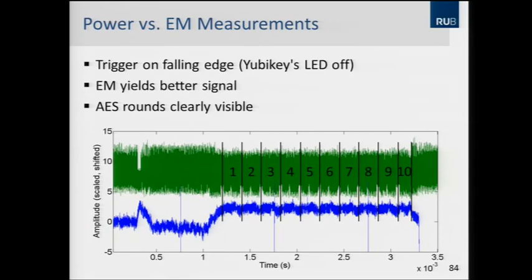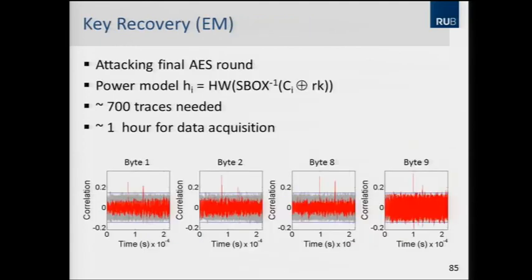The power signal is somewhat low pass filtered through some voltage regulators on the chip. And here, as a side channel guy, you can clearly see the 10 rounds of the AES, with the 10th round a little shorter. From that, after a bit of playing around to see what we have to attack, we were finally able to get the full AES key out of this device in 700 measurements with some optimization.